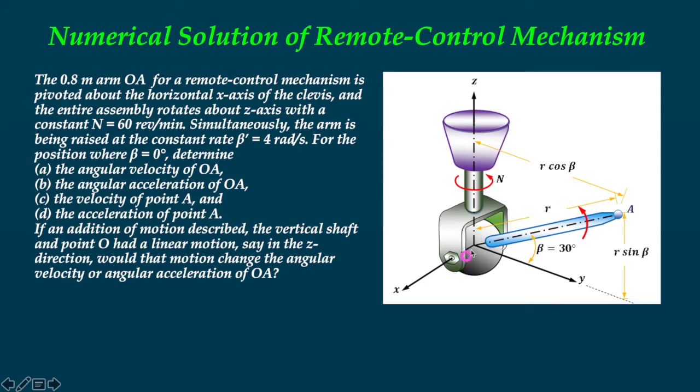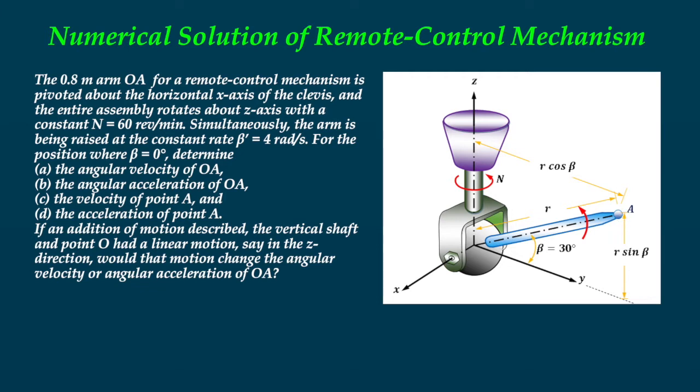The entire setup is rotating about n. The length of the r vector, means the length of OA link, where this point is O, is given. We have to find out the angular velocity of OA, angular acceleration of OA, linear velocity of point A and linear acceleration of point A.